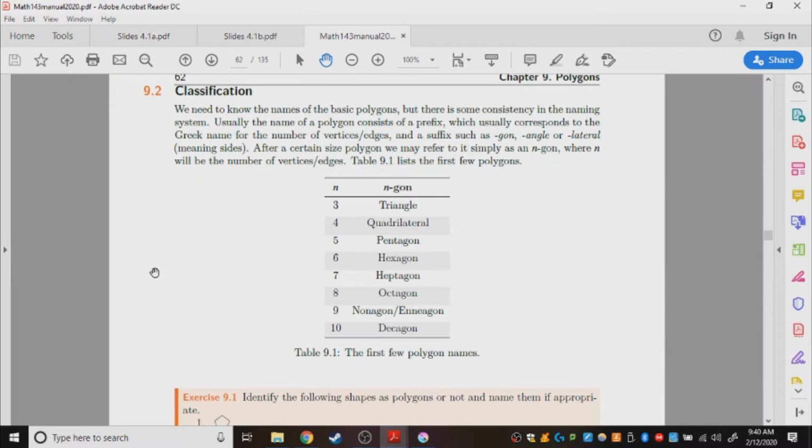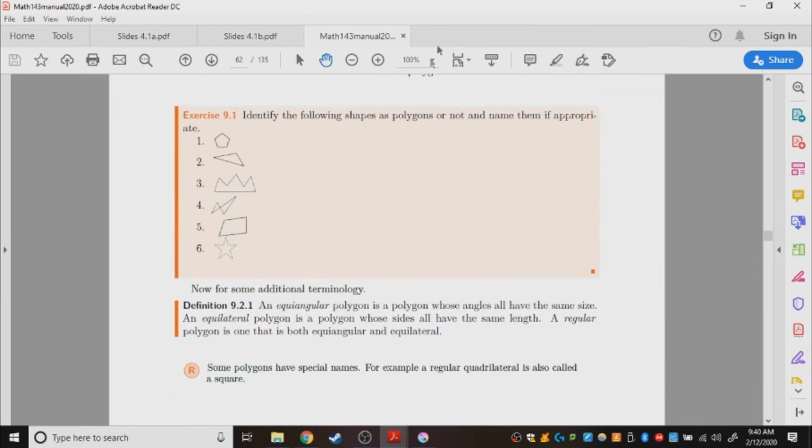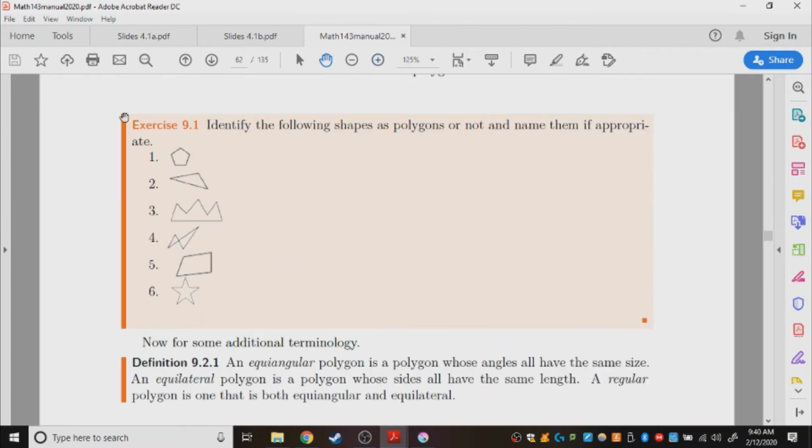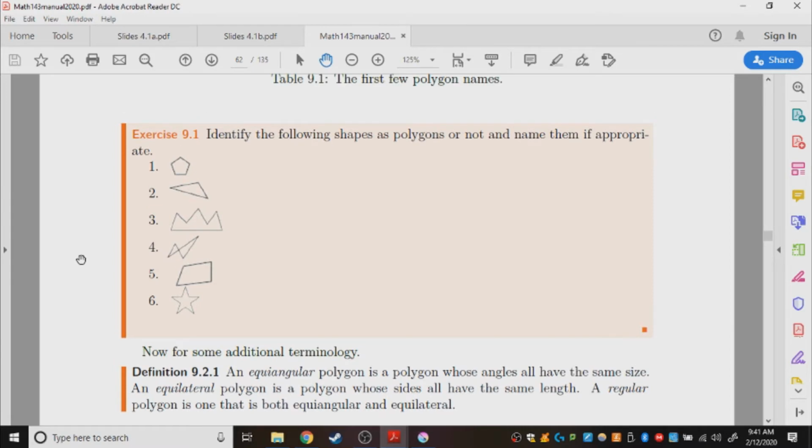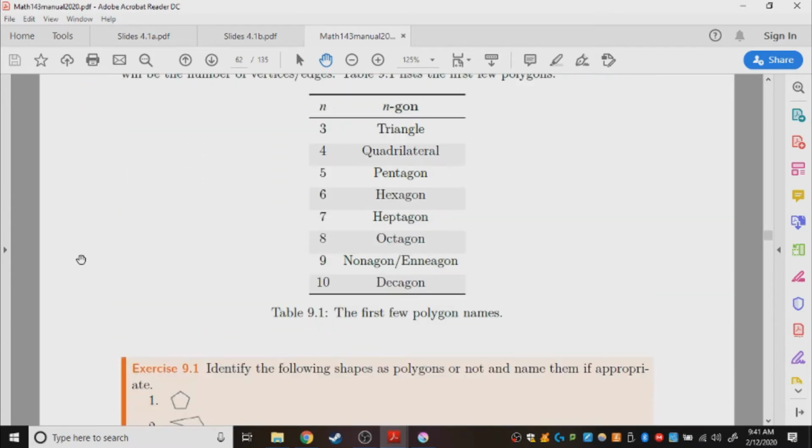So I have an example here. Let's see if we can zoom this in a little bit more. There we go. Identify the following shapes as polygons or not, and do they have a name? The first one, it's in the book, in case that's a little small. We have 5 sides. That is a polygon: straight line segments, closed, only 2 meet at a point. And that is called a pentagon. Penta meaning 5.